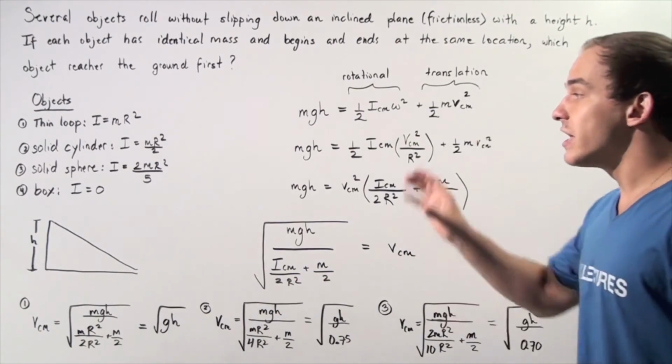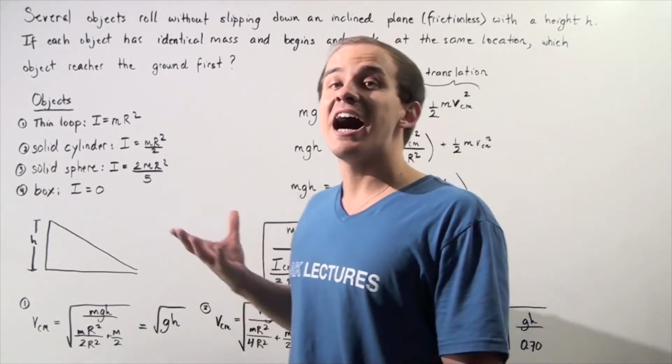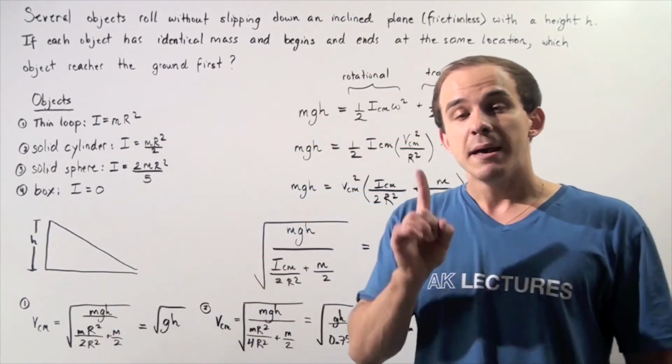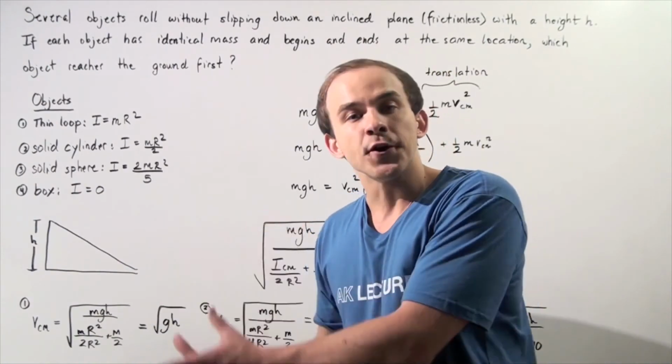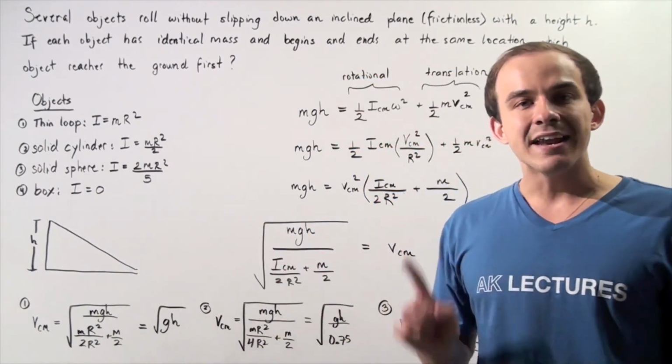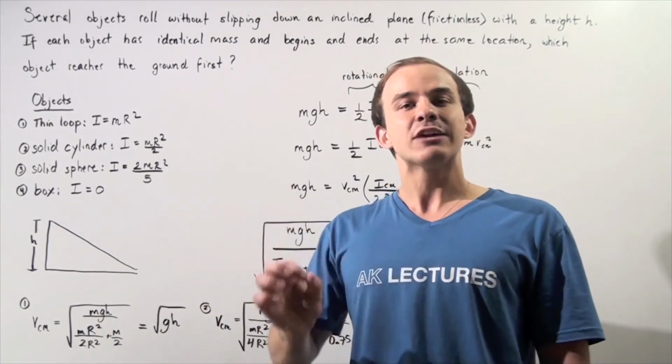So that means the box will reach the bottom first because it will have the highest velocity at the bottom, because all of that gravitational potential energy has been converted into kinetic energy due to its translational motion, because the object is not rotating.